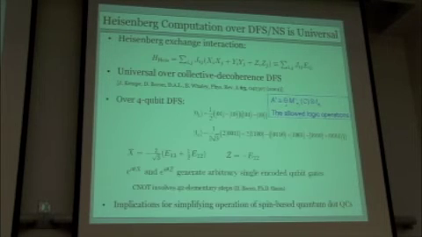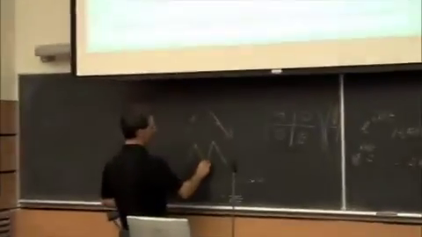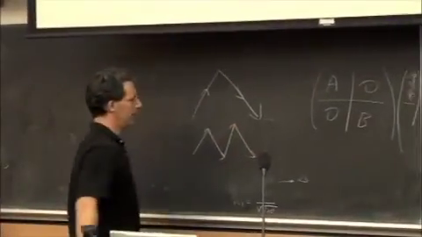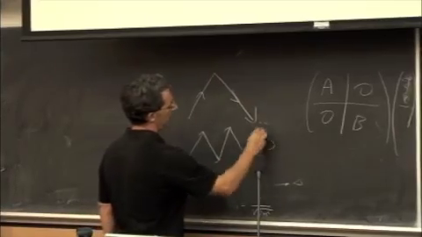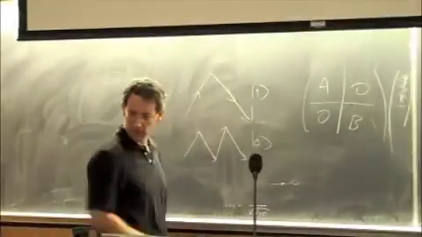So you can ask, what are the operations which implement computation using exchange operations? If you look at the 4-qubit DFS, remember the 4-qubit DFS, it was this code. If you remember my conventions, this is what I call logical 0, and this is logical 1.